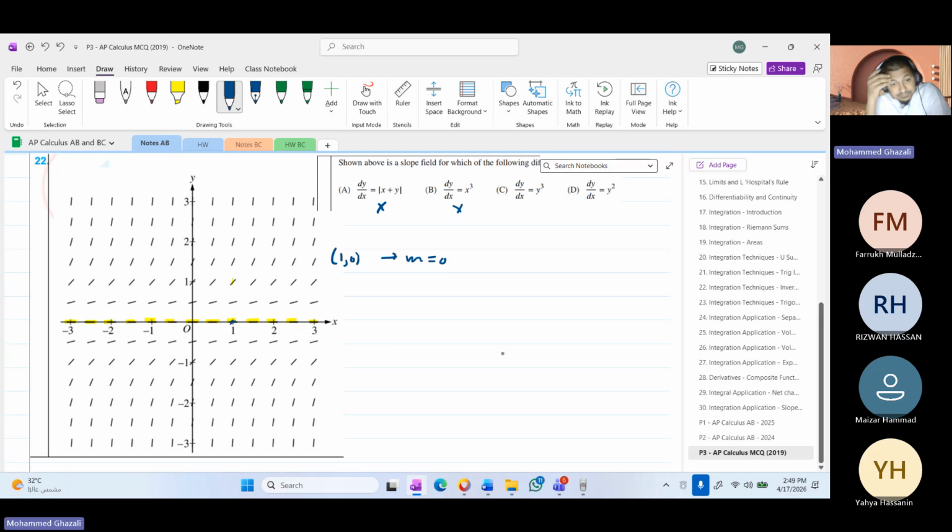The slope looks like it's the same across y equals 1. They're all the same, like slope and magnitude. So we could plug in 3, 1 and try that also.